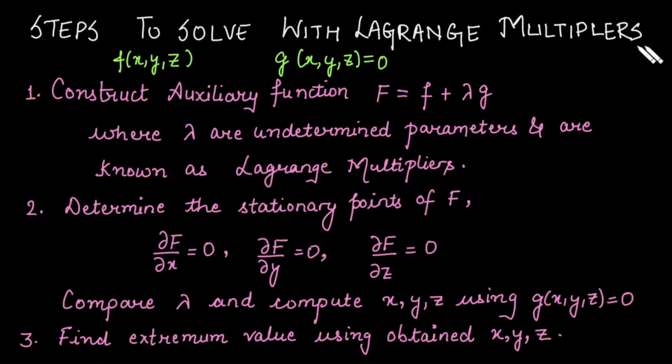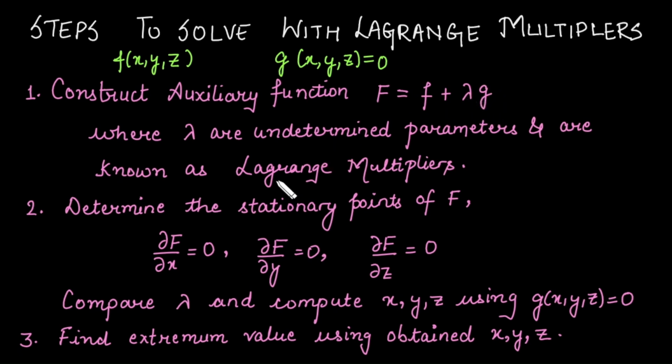Steps to solve with the Lagrange multiplier. Suppose we have a function that depends upon x, y, z and is represented by small f, and the condition is represented by small g, depending upon the three variables x, y, z. First step, we need to construct an auxiliary function, that is capital F is equal to the given function plus lambda times the condition.